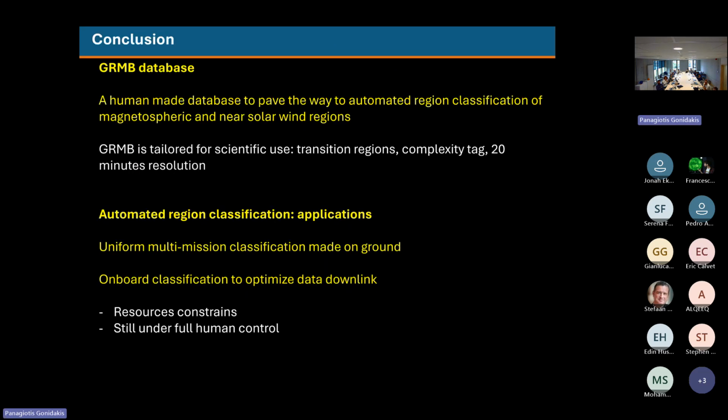So to conclude, we developed this GRMB database, and if you're interested, I encourage you to use it to test, validate, and train your machine learning classification tools. This database has been handmade, which has good and bad sides, but it has really been tailored for scientific use. Of importance are transition regions, the complexity tag, and not too short a resolution.